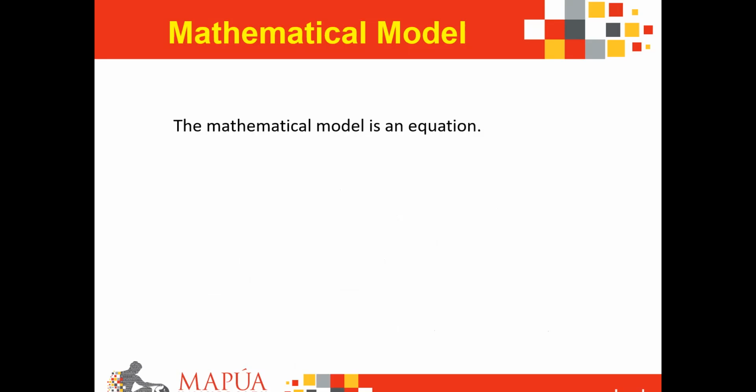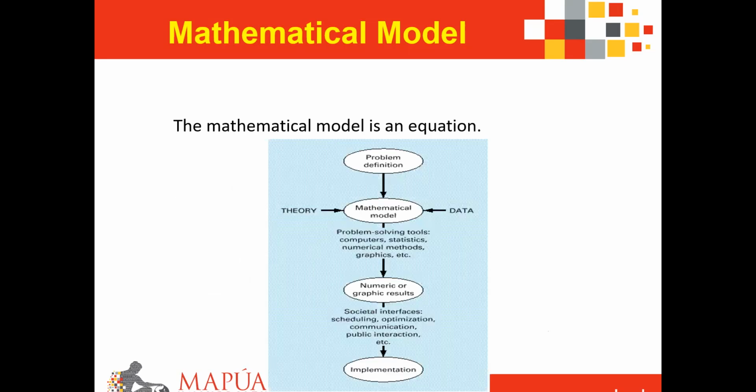Hence, the mathematical model is an equation which usually arises after defining your given particular problem and then combining it with the theories that you've learned and the data that you have gathered.